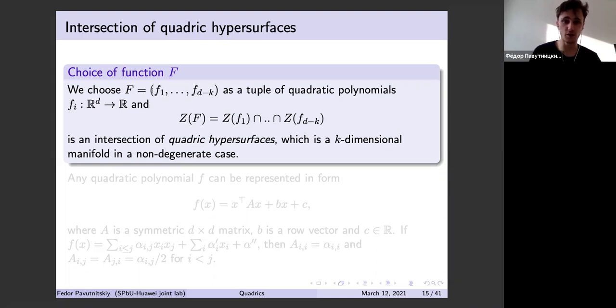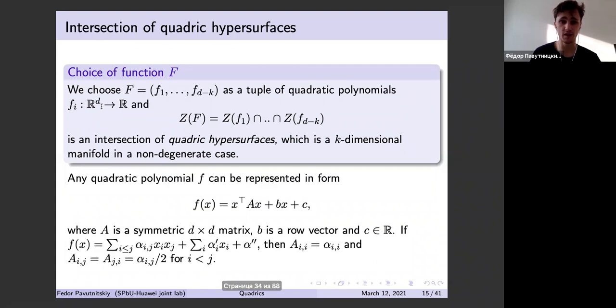So our function will be a tuple of quadratic polynomials, and the zero set of this function will be the intersection of the zero sets of each of the quadrics. In the non-degenerate case, this will describe a k-dimensional manifold embedded in our original d-dimensional Euclidean space.